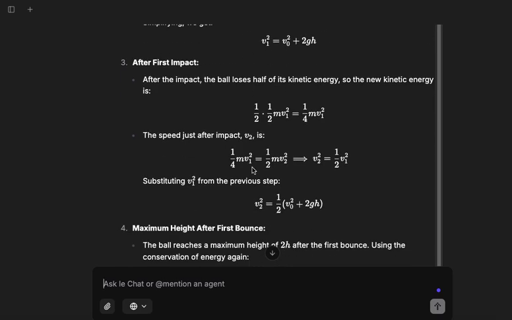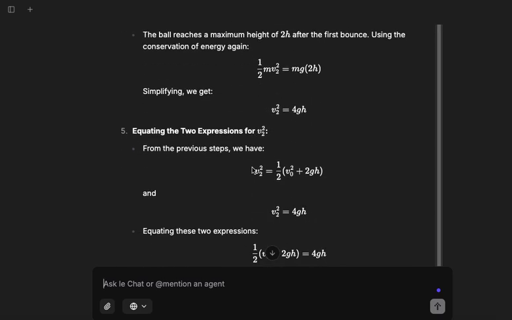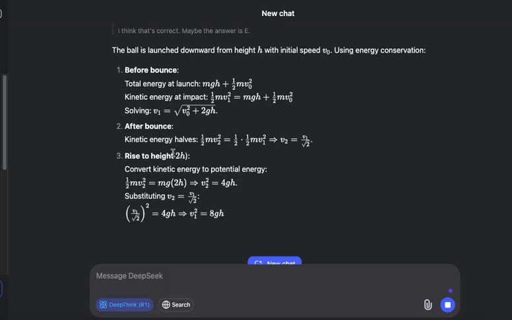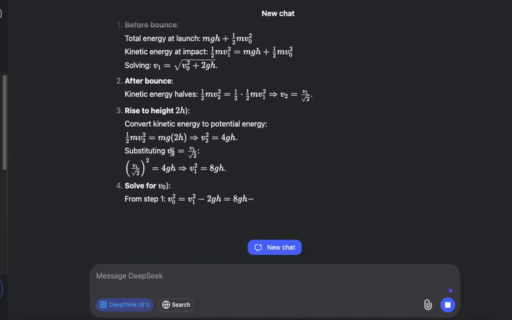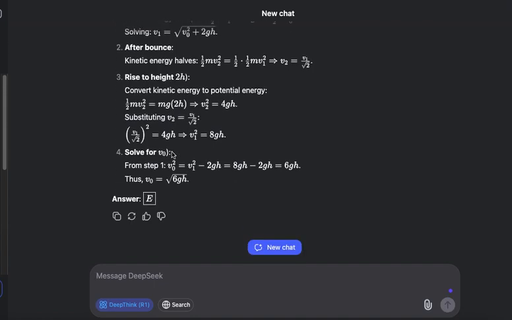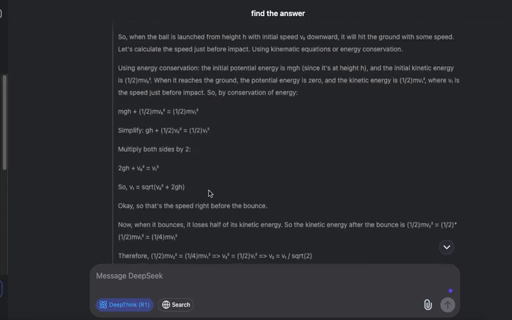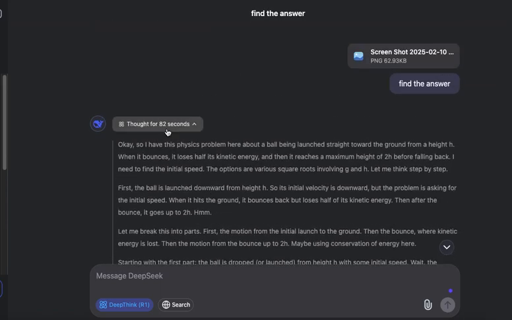It seems it gives the right answer on the second try. That's a correct answer, but it took a really long time, over 1 minute.